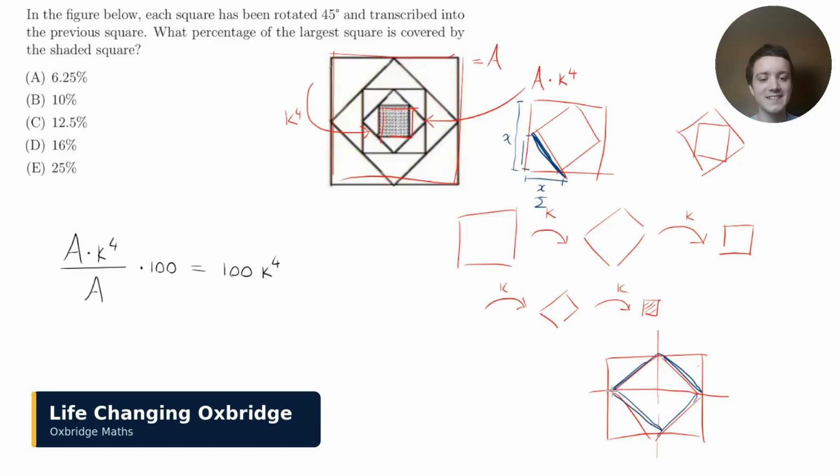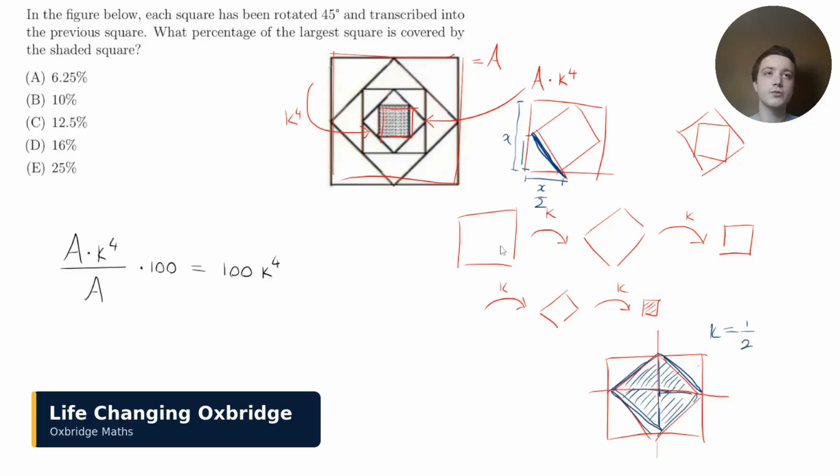In particular, these diagonals are cutting each of these squares into halves. So you can see in total, these regions that make up the rotated square are actually taking up half of the area of the bigger square. And that means that the scale factor between the 2 areas is going to be a half. So we have k equals a half.